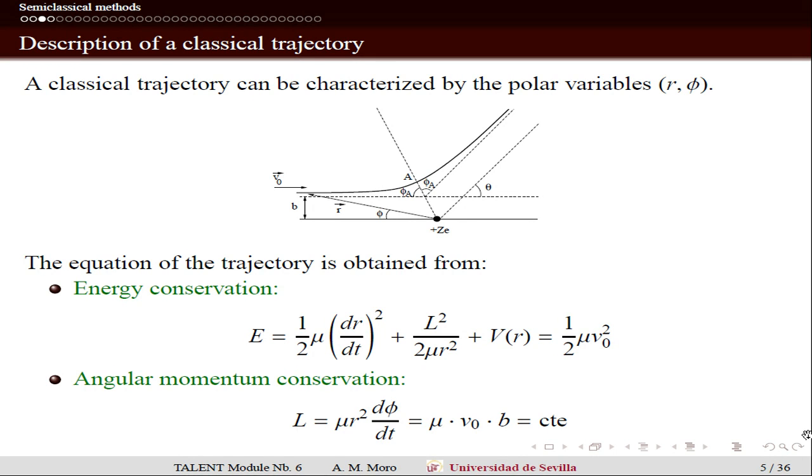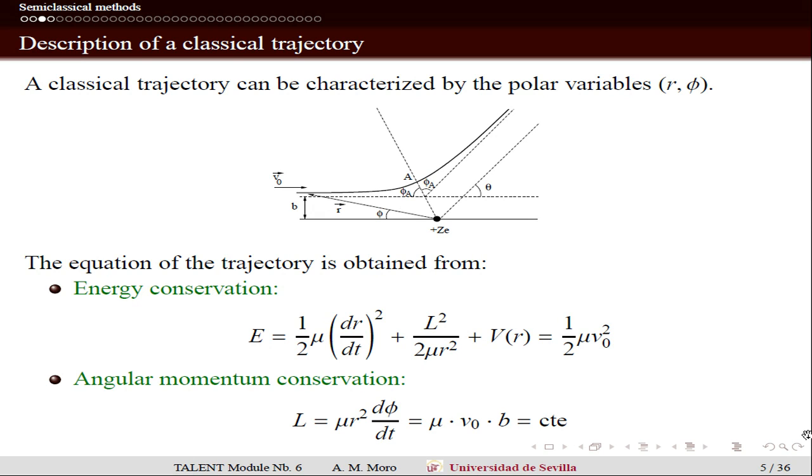So imagine, for example, this Coulomb problem with some charged particle. We have a projectile with some incident classical impact parameter, and the equation of the trajectory gives me the modulus of this vector, the distance between the projectile and the target, and also this angle, phi, as a function of time, for example.